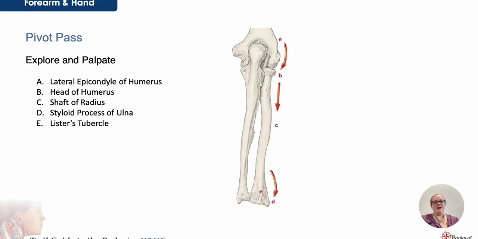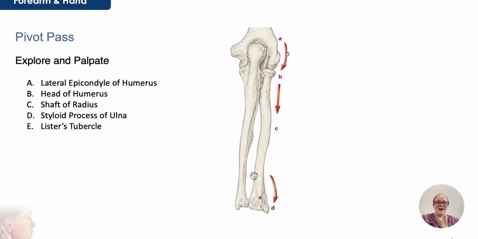The pivot pass. These cool names, man. A, lateral epicondyle. So if it's lateral, we're looking this way. It's out here. So this appears to be a left arm. No. I'm genuinely so confused.